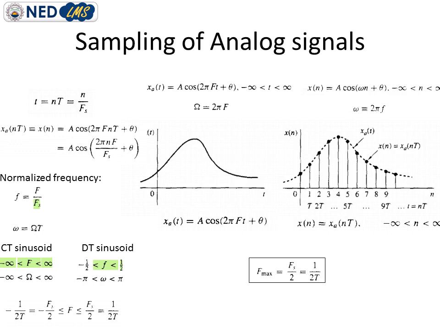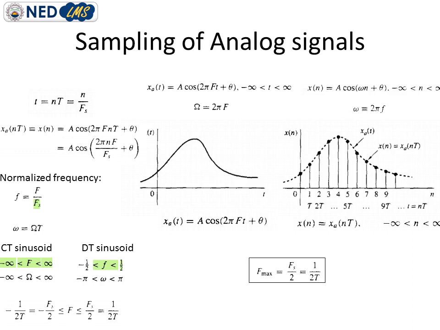Now what we are trying to do is establish some relationship between the frequency of the analog signal, which means the frequency capital F of the continuous time signal, and the frequency variable for the discrete time domain, which is denoted by small f.